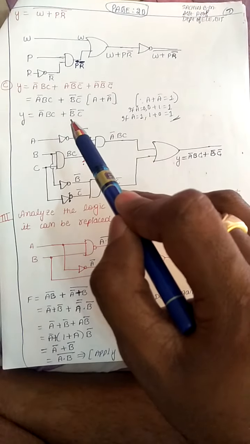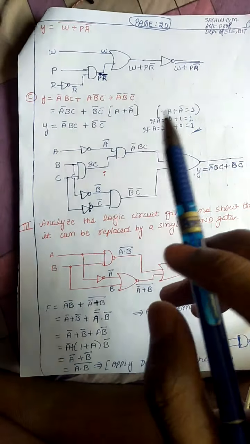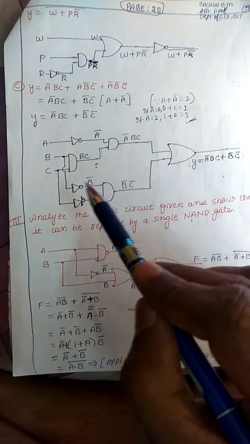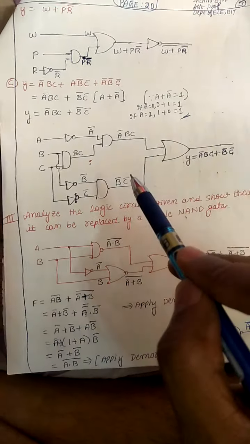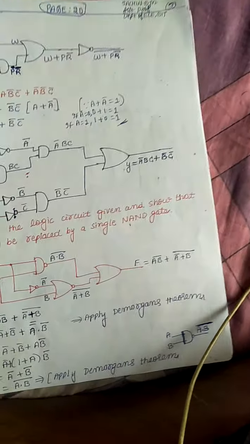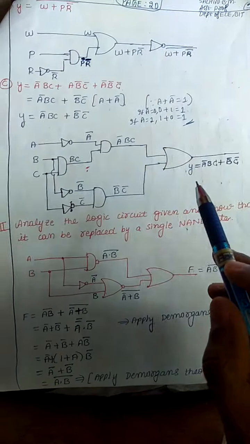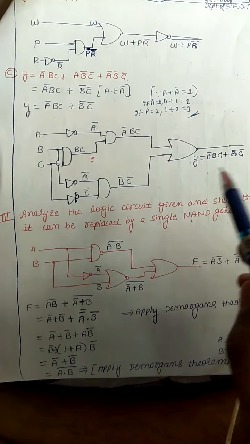Then B bar C bar: for B you have to take one NOT gate, B bar, and for C you have to take one NOT gate, C bar. So B bar C bar. So you have to add it. If you add, then you will get Y is equal to A bar BC plus B bar C bar.